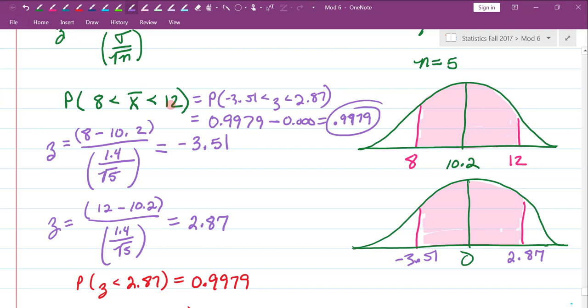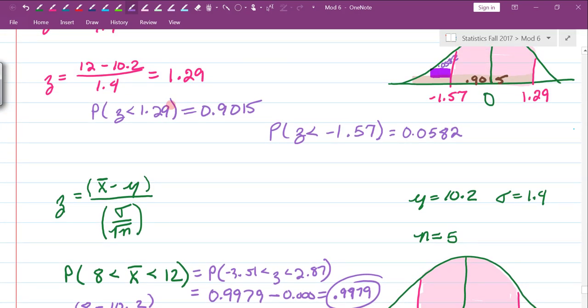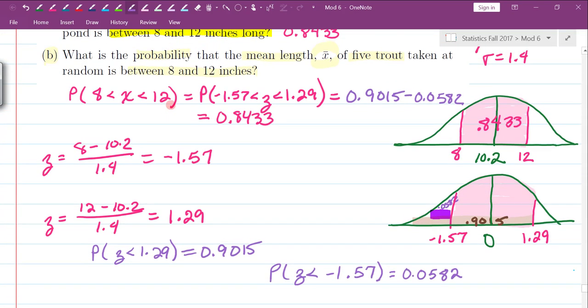Contrast that with our other one, of only being 0.8433. Okay, for a single fish that is between 8 and 12 inches long, we only have 0.8433 probability of catching a fish between 8 and 12 inches long.